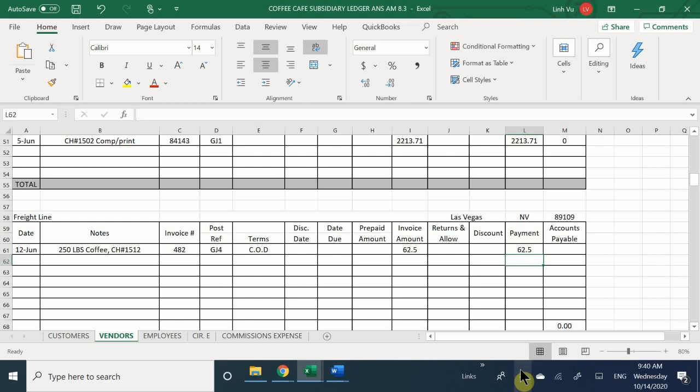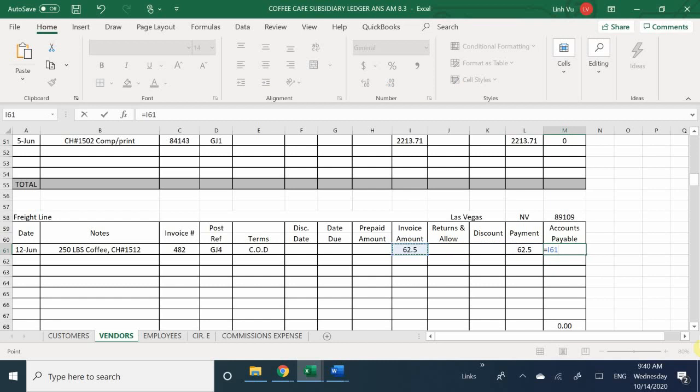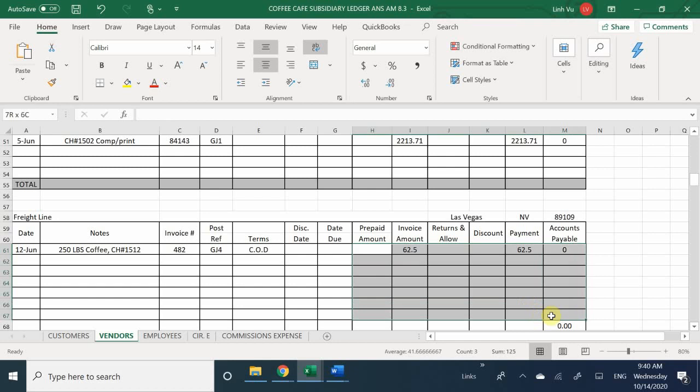Therefore, under accounts payable, you're going to take your invoice amount minus your prepaid, minus your returns, minus discounts, minus payment. We owe them nothing. Okay, for $62.50, invoice number 482.